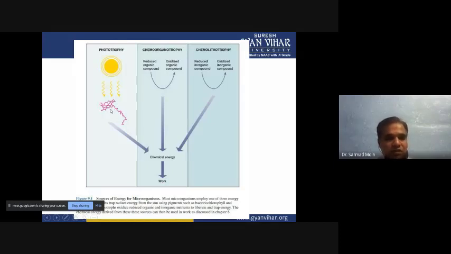Chlorophyll A and chlorophyll B are there in the chloroplast, and this photosynthetic molecule can capture the sunlight, and through a chemical reaction it will produce energy. This energy is captured by the molecule and saved in the cytoplasm, and this energy will be used for growth and development. So this is one way, which we call autotroph.